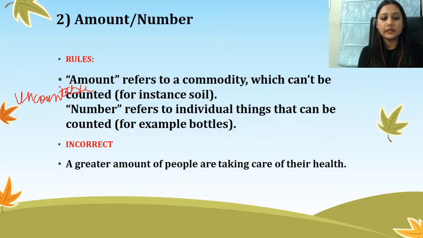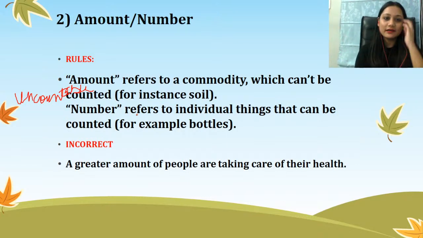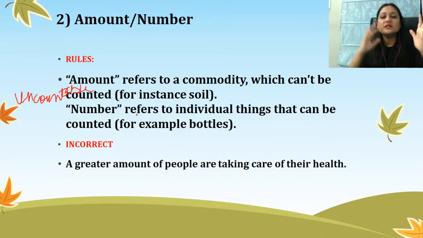Now, let's talk about number. Number refers to individual things that can be counted. Those things which we can count are countable nouns. For example, bottles. You can say 72 bottles, you can say 1 lakh bottles. So there's a very simple difference between amount and number.